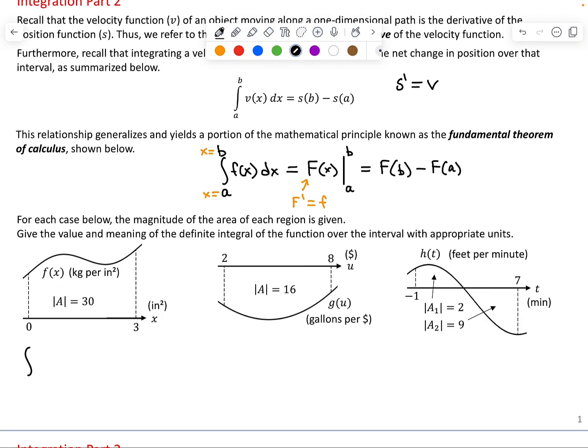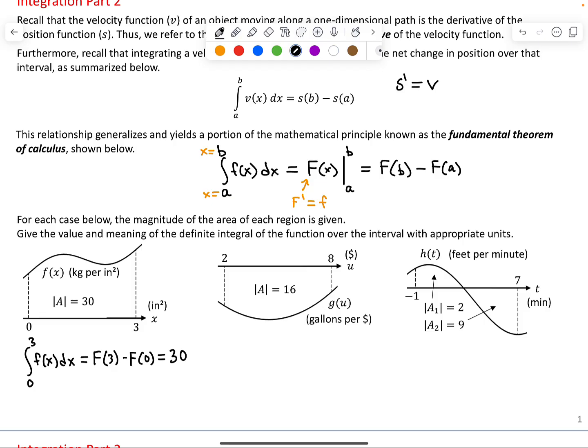So a definite integral from 0 to 3, and these are x coordinates, of this function will be equal to some antiderivative evaluated at 3 minus that antiderivative evaluated at 0. And in this case, this difference should match the area of the region and be positive because the function has positive values over this interval.